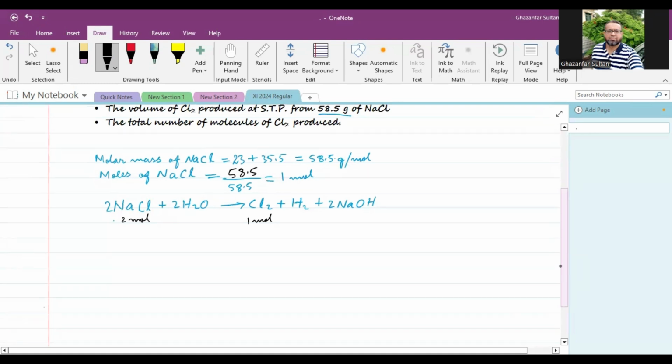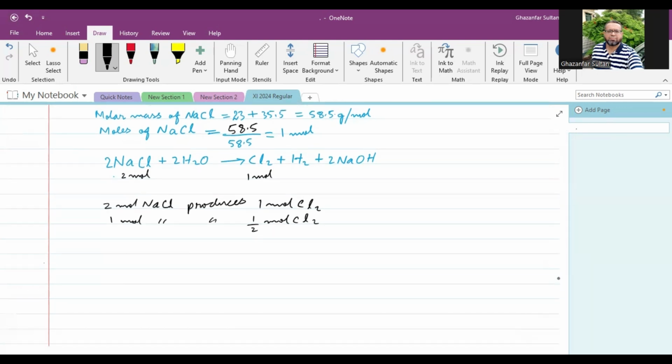So we will start our calculation from there, that 2 mole NaCl produces 1 mole chlorine. So 1 mole NaCl produces 1 upon 2 mole of chlorine, that is 0.5 mole.